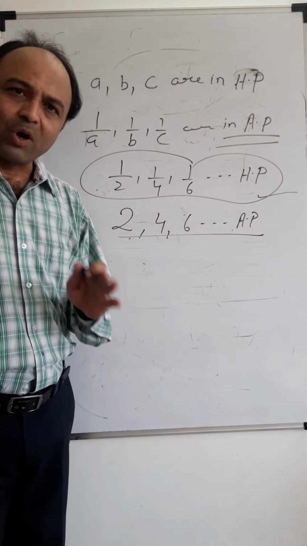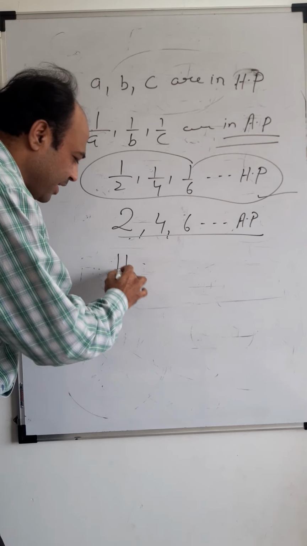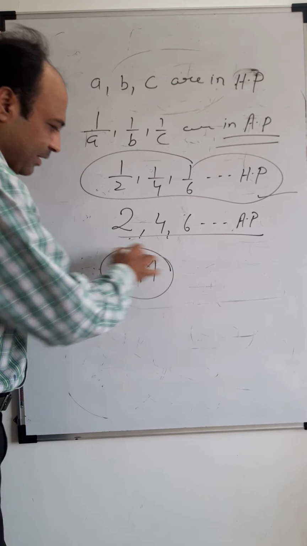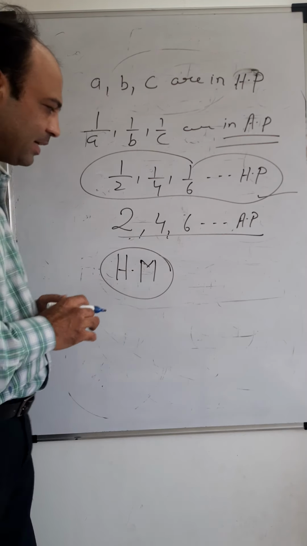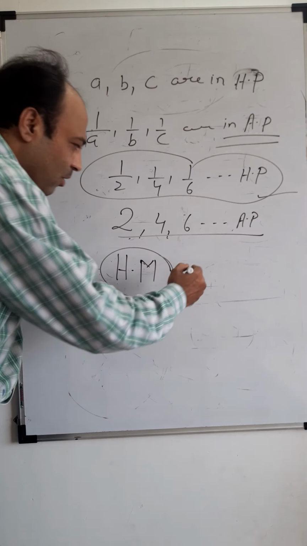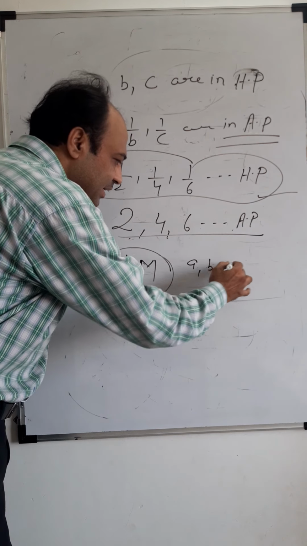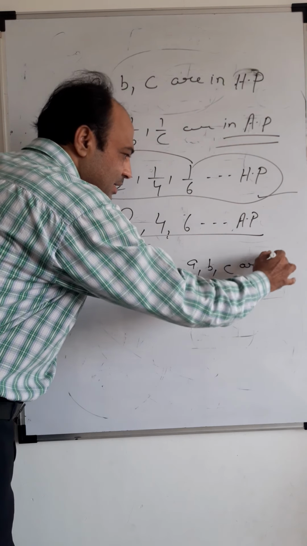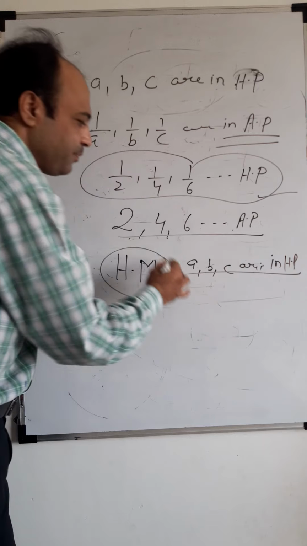In HP, what is very important is harmonic mean. This is very important. Harmonic mean of harmonic progression. See, now A, B, C are, let's say, in HP. Correct?